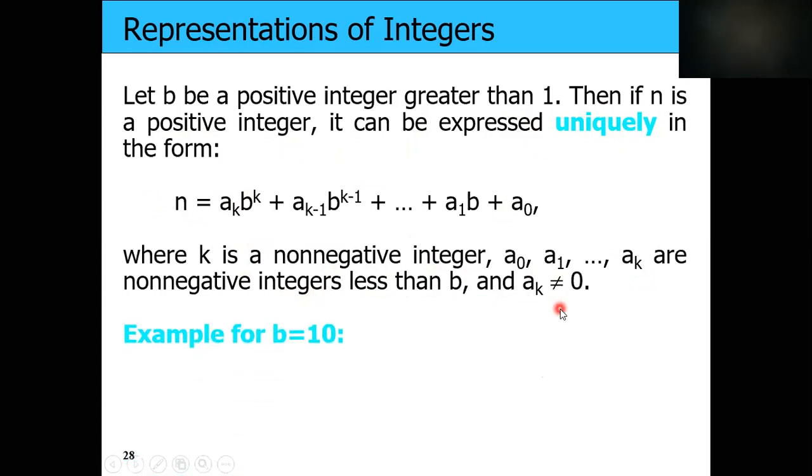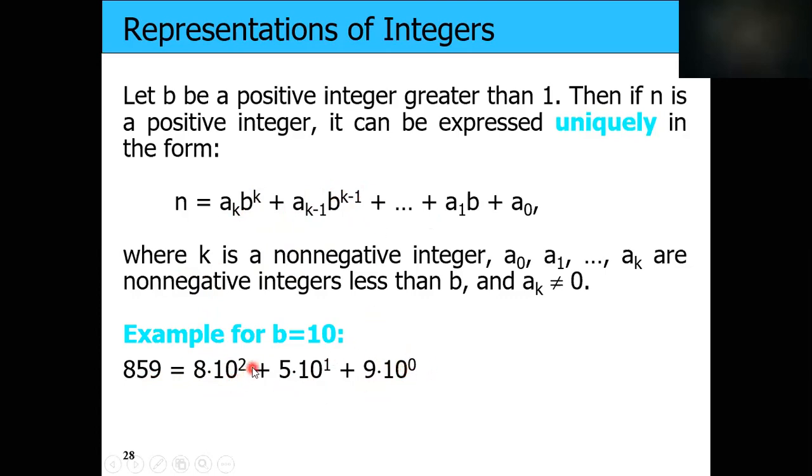If I talk about base 10, I mean decimal, and I can also say base 2. Looking over here, 859 can be written as follows, because there are three digits, k starts from 2 and decreases down to 10 power 0.